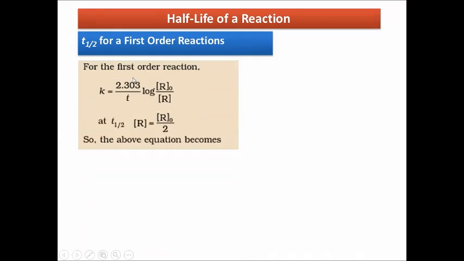For first order reactions, we learned to write the rate constant as K is equal to 2.303 by T log R0 by R. If we change the time to T half, automatically the molar concentration of R becomes R0 by 2.